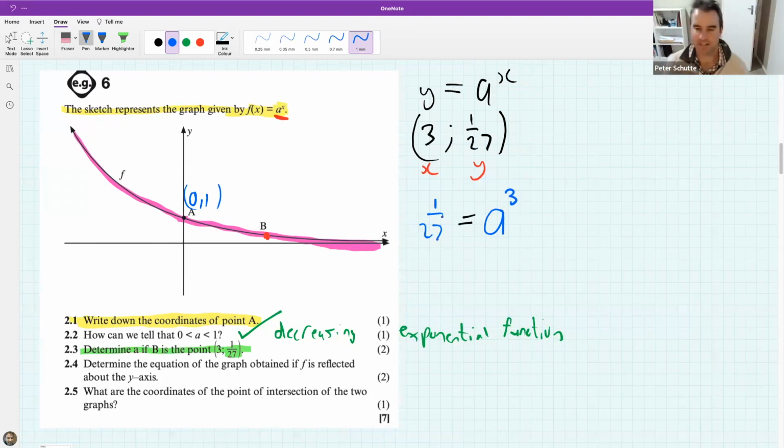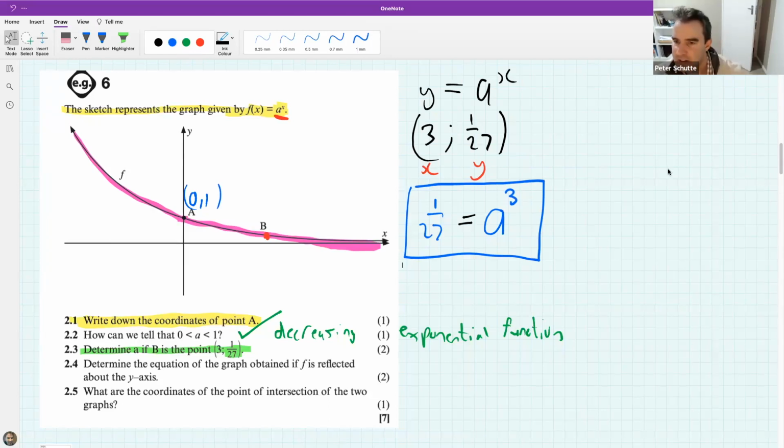So now we're a bit stuck. What do we do next? Now I know I need some brain power here. Who's going to help me? I need to figure out what A is. What undoes cubing something? So at the moment, I'm cubing it. Let's go to Siyabonga. Siyabonga, what do you think? What would undo a cube?